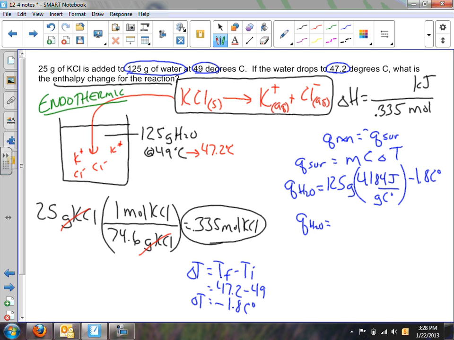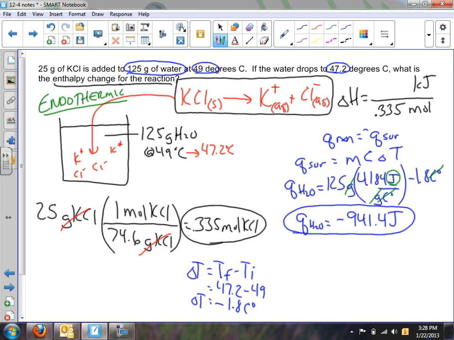When you multiply these 3 together, 125 times 4.184 times negative 1.8, we get negative 941.4. And if you check units, grams cancel out, Celsius degrees cancel out, we're left with joules. And that's what we measure heat in anyways, is joules.